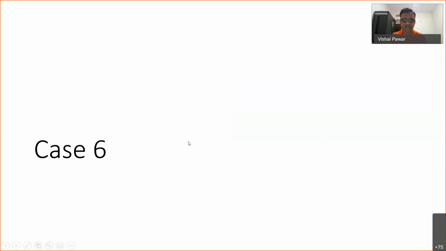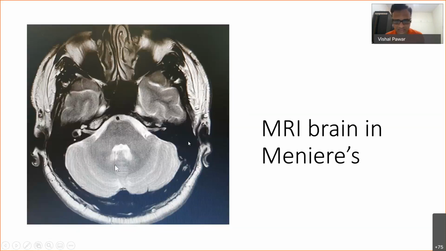This patient has had 3 or 4 attacks of Meniere's on the left side, his hearing is totally lost this year, and he has baseline imbalance like unilateral vestibulopathy.